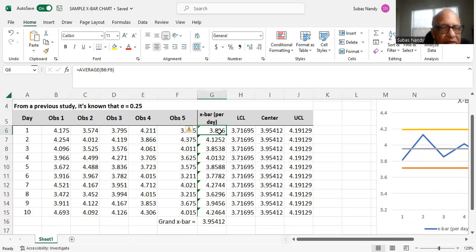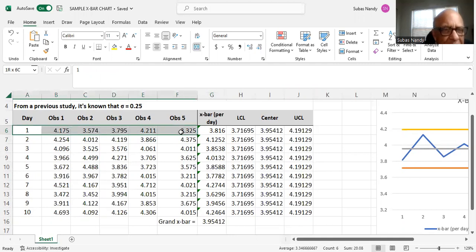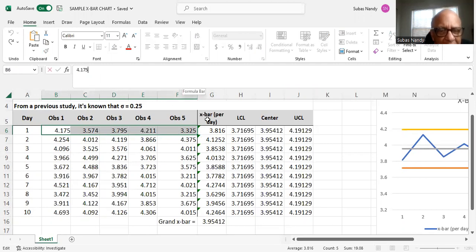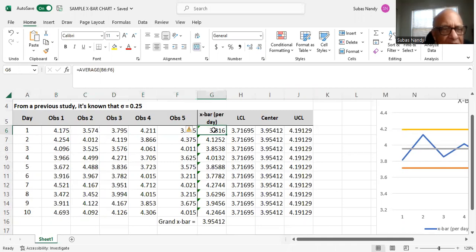X bar per day is simple. The formula is equal to average in parentheses from B6 to F6.